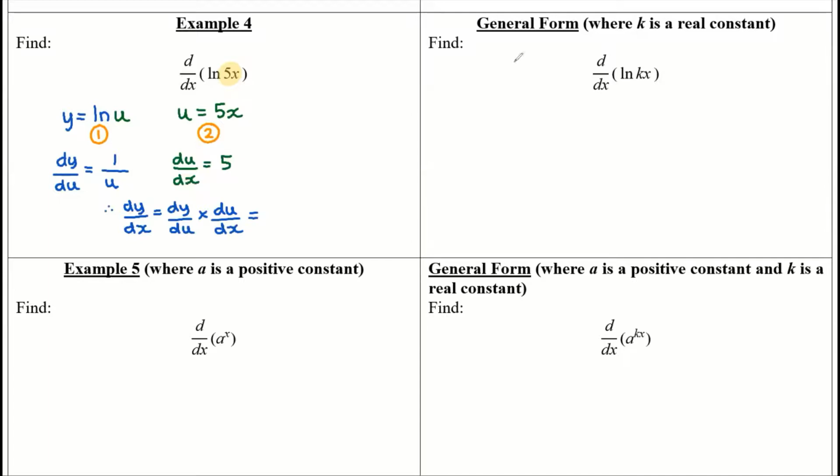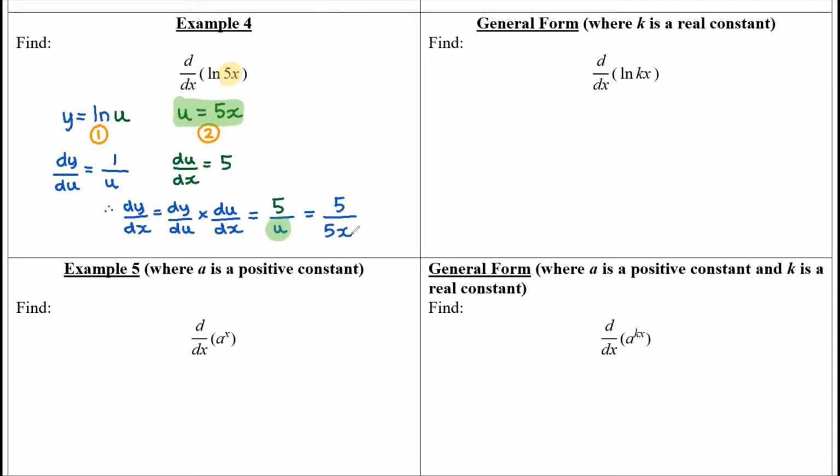So it's the 5 we got from the du by dx multiplying 1 over u. So in other words, 5 over u. And substitute the u back in. Don't leave it in terms of u. So u, as defined here, was 5x. So this is going to equal 5x over, no, that's wrong, apologies. Try again. It's going to be 5 over 5x.